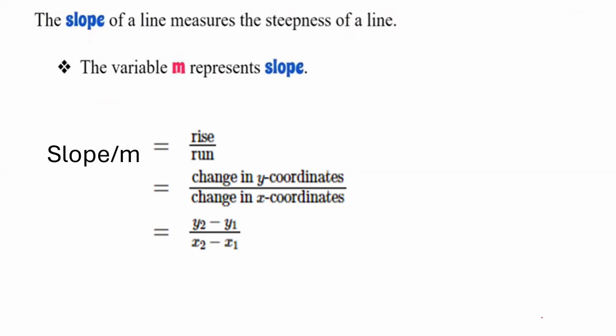We have rise over run, change in y coordinate divided by the change in the x coordinate, and also we have y2 minus y1 divided by x2 minus x1. Whether you see the word slope or the variable m, all you're asking is to find the slope. m is used to represent slope.